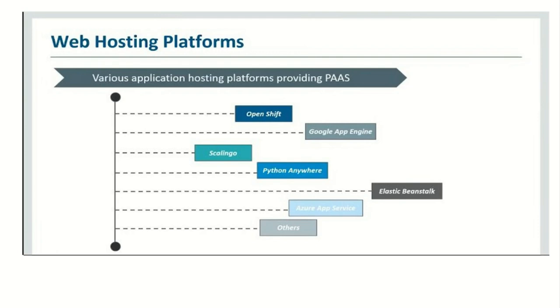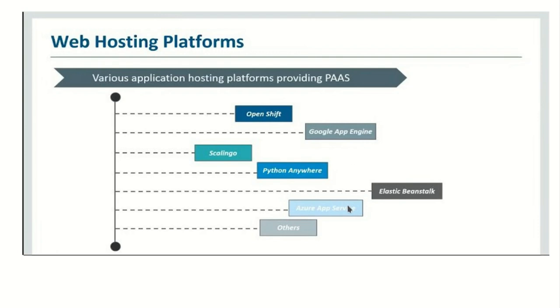It is an online integrated development platform and web hosting service as well, but based on the Python language. This is only based on the Python language. Then we have Elastic Beanstalk offered by Amazon, and thereafter we have Azure App Service by Microsoft and many others.